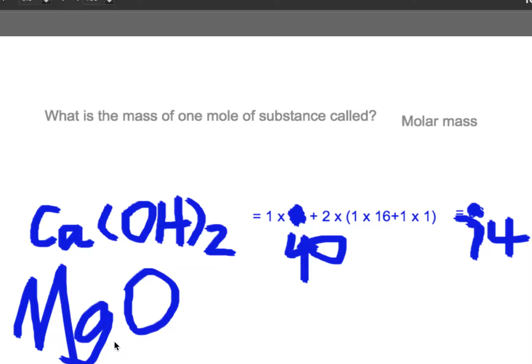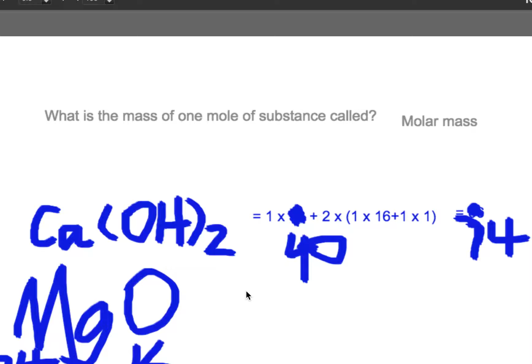And the molar mass of Mg on the periodic table is 24. And the molar mass of oxygen on the periodic table is 16. So what's the percentage composition of magnesium and oxygen respectively in the compound?